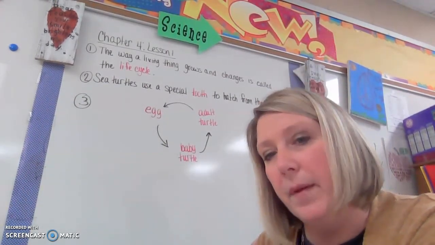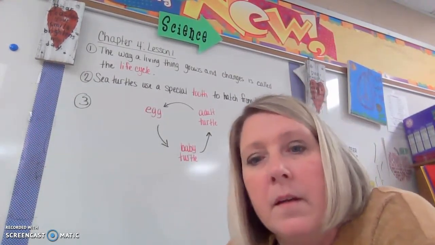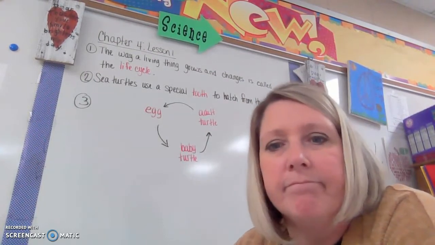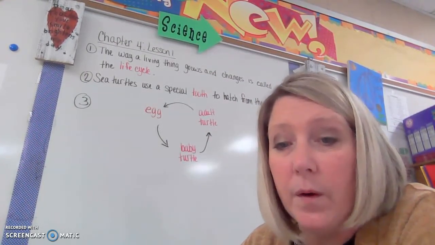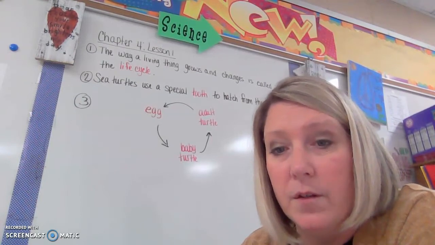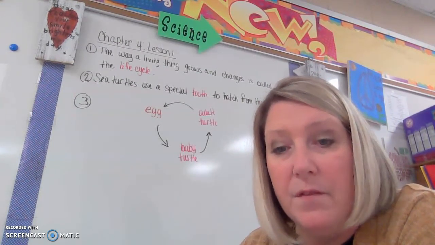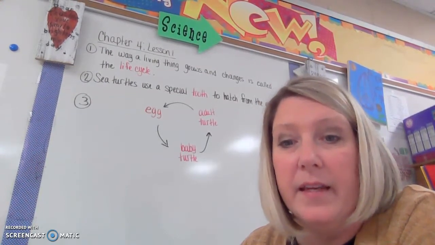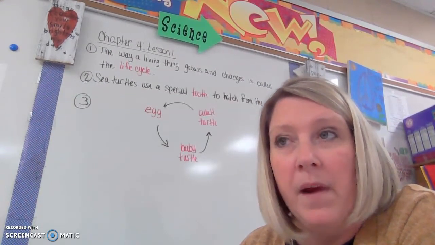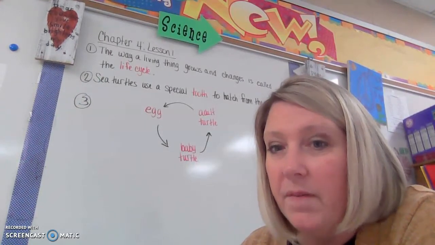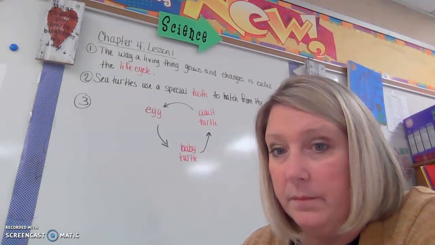Okay, so let's review a little bit. What is a nymph? It's a vocabulary word highlighted in yellow. So remember, go back to it and look at it. But you're right if you said a nymph is a young insect. Now, how is that nymph different than its parent?